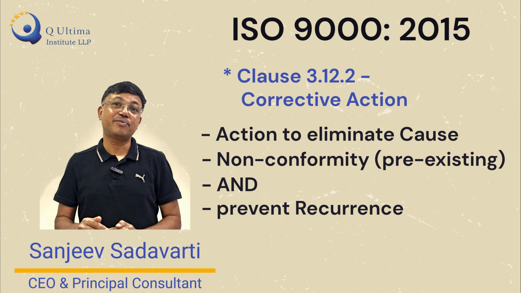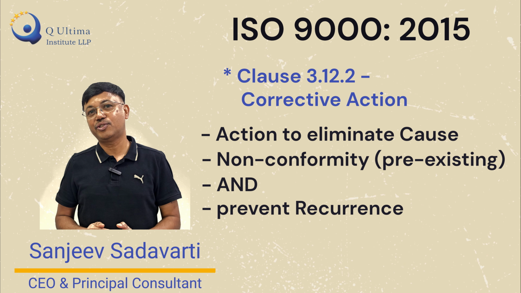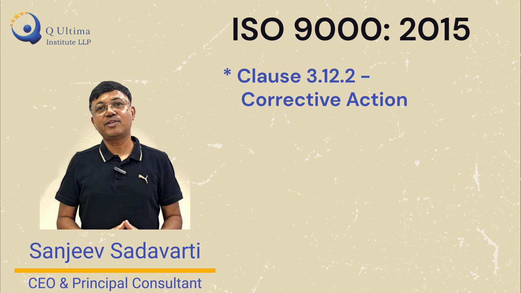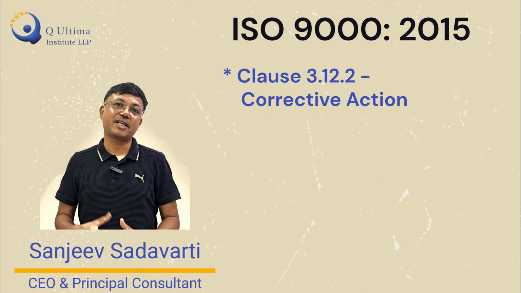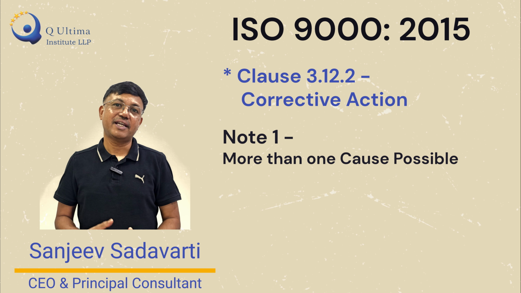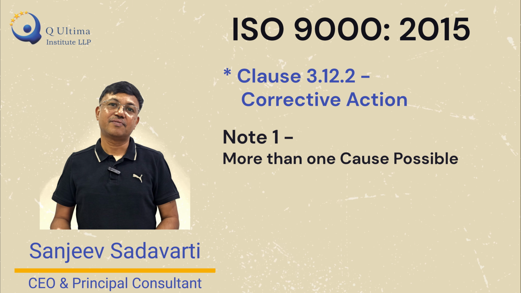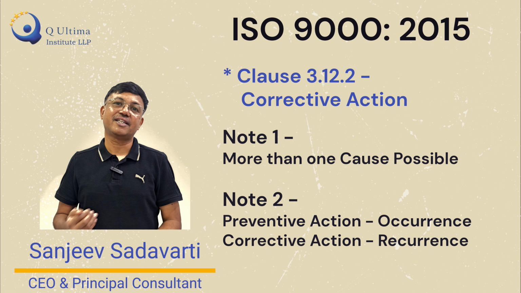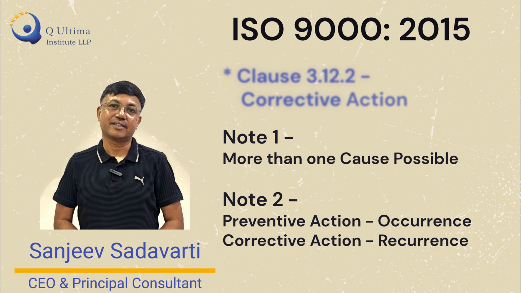That means we have to both remove the cause and ensure that recurrence is prevented. The clarifying notes are similar. That means there can be multiple causes, and the word occurrence is related to preventive action and recurrence is related to corrective action.